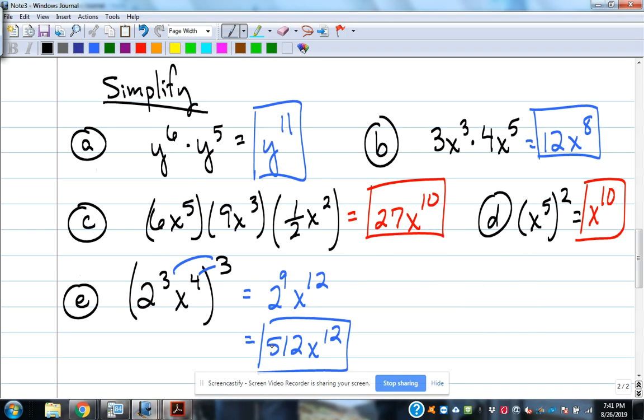All right. So let's do one with a fraction in it. 3 to the 2nd over n to the 5th, all of that in parentheses to the 4th.